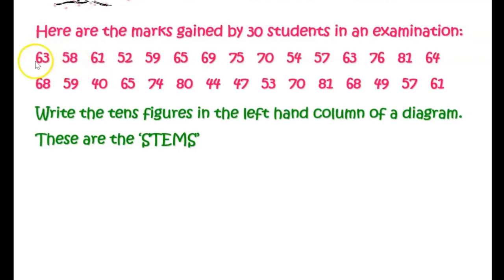So we can see these are two-digit numbers. The first from the left is always your tens. This is 63, so that is 6 and 3. So the 6 still represents your tens. We go this way. We're going to draw our stem, and this is the stem. Then here we're going to number it 4, 5, starting from the top to the bottom.